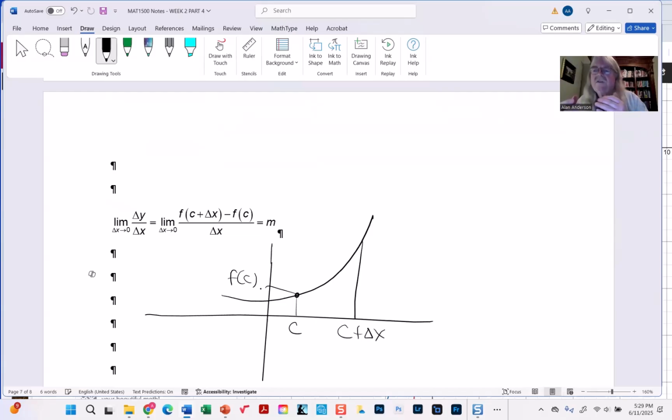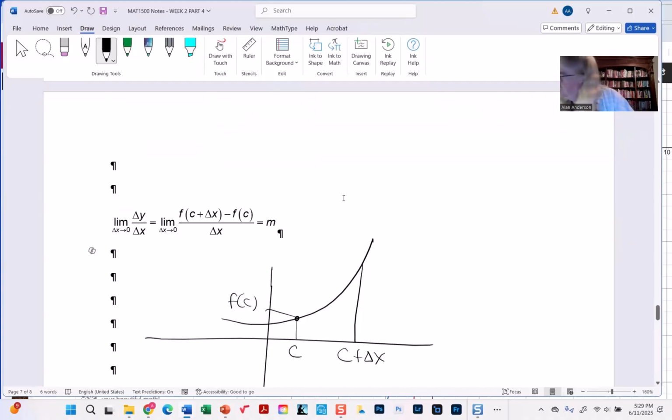So c is the first value of x. These are the two endpoints. c is the first value of x. c plus delta x is the second endpoint. So that means that this is f of c, this is f of c plus delta x.